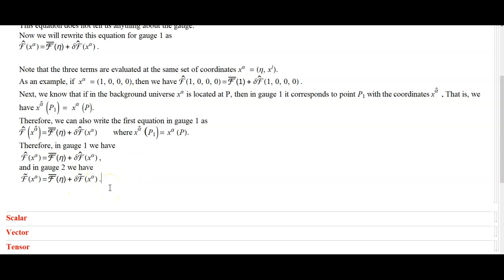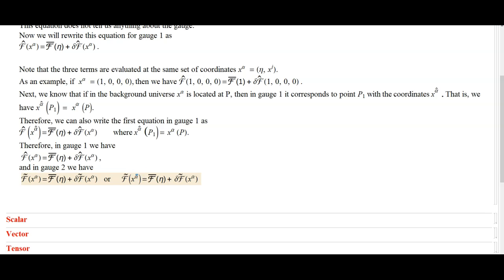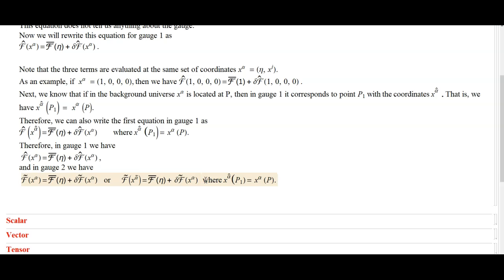And you may also write this as x alpha tilde, where x alpha tilde at some point P2, which is not the same as P, has coordinates equal to the coordinates x alpha at P. So x alpha tilde at some point P2 in the four-dimensional space-time is equal to x alpha at point P, and x alpha tilde is in gauge 2.